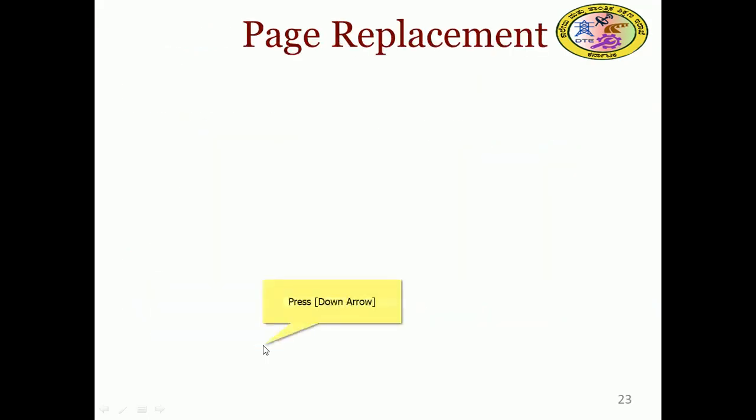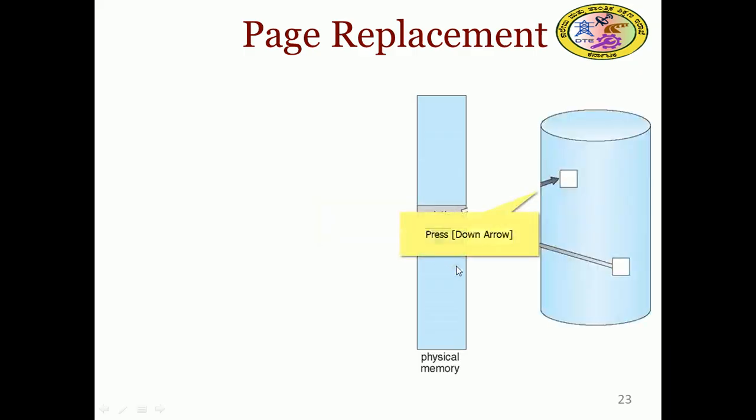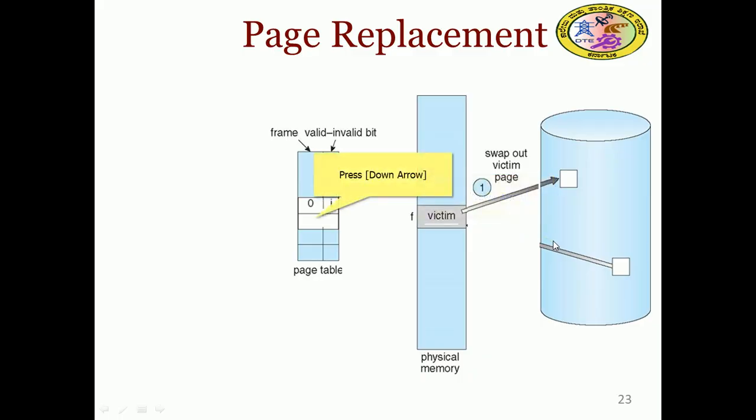In the page replacement algorithm, you can see there is a physical memory and certain pages are victims, meaning old pages. Such a page we can swap out of the memory and swap in the fresh page, so that page we can have the page frame number and their valid or invalid bit.